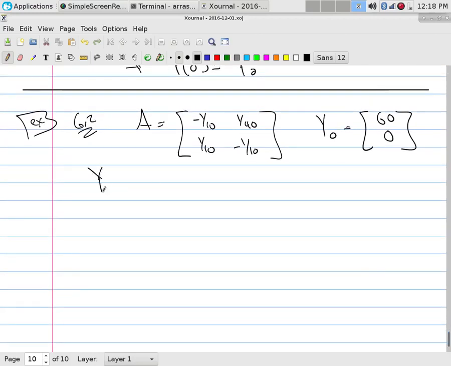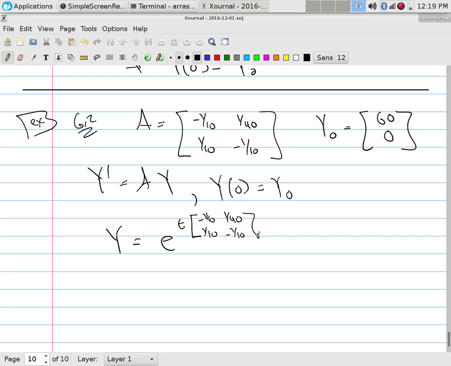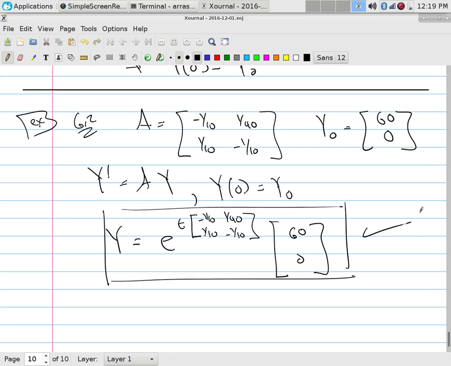And I wanted to solve y prime is equal to ay, with y at the initial state being y0. What's the answer? The answer is this. Y is equal to e to the t times negative 1/10, 1/40, 1/10, negative 1/10, all times 60, 0. Done. The problem is entirely solved. No work. Just simply rewrite it down.